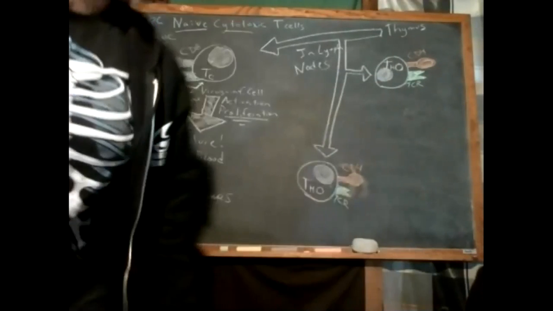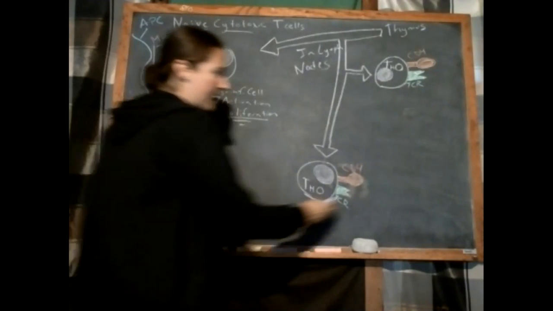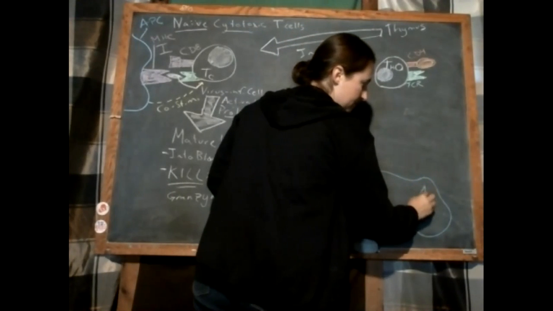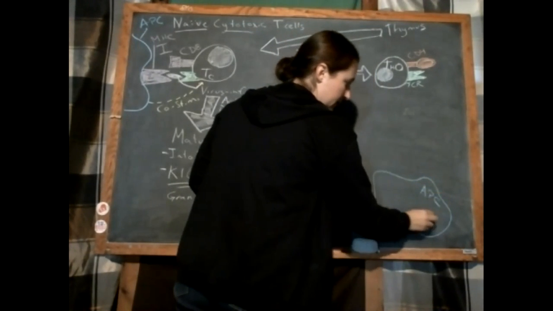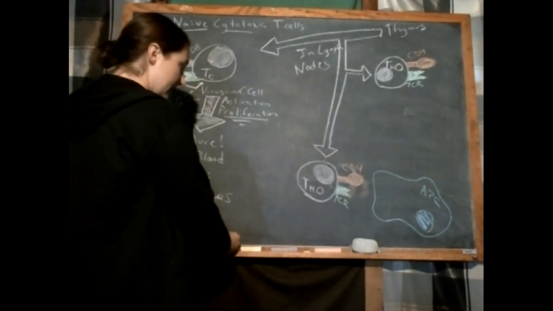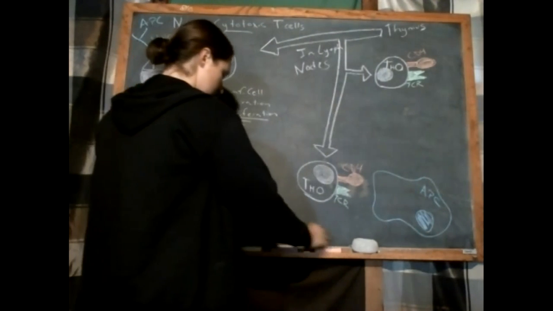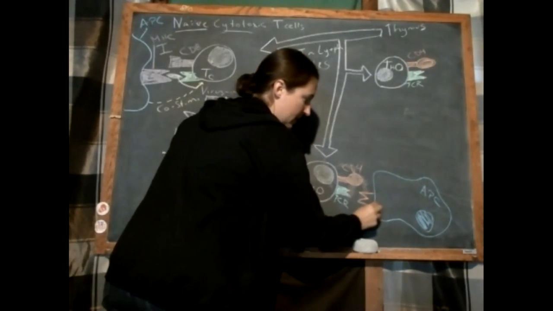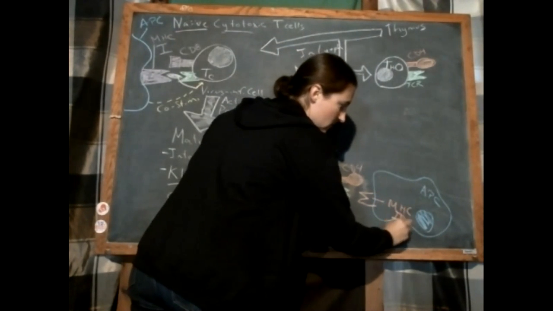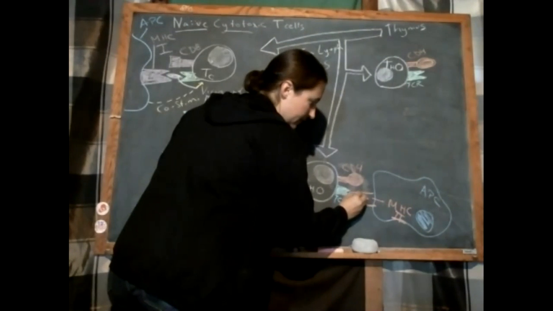Okay. So here, a T helper 1 cell, if there is an APC, that nucleus, that is going to present on an MHC2 a type of intracellular pathogen.